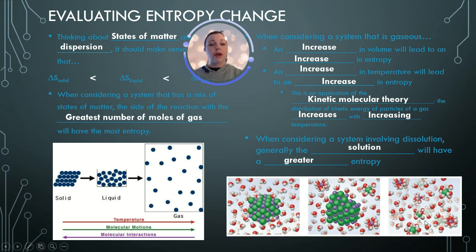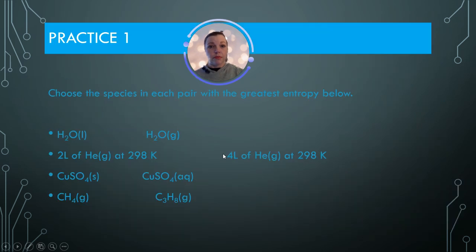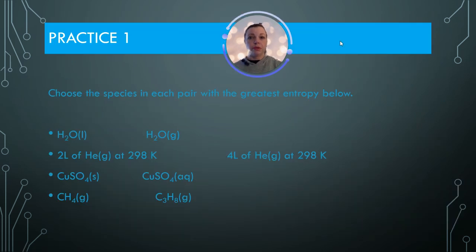Generally, the solution will have a greater amount of entropy than the separated components, but not always. But if we're making a generalization, generally the solution has greater entropy. And so remember that nature proceeds towards the side with greater entropy, if all you're thinking about is entropy.